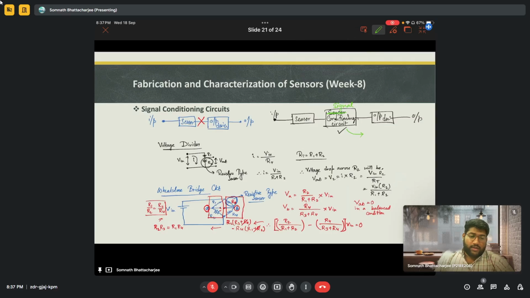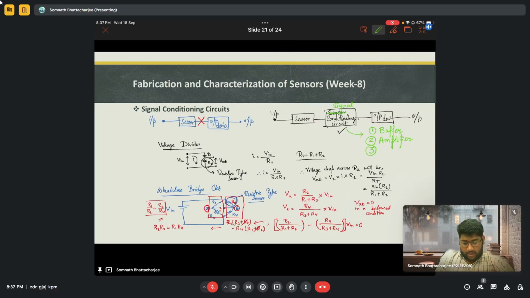But a signal conditioning circuit may be of different types. So, based on this, you may need a buffer circuit, which will just isolate your sensor from the output device directly. Maybe there will be an impedance mismatch. Then there will be a circuit that is an amplifier.